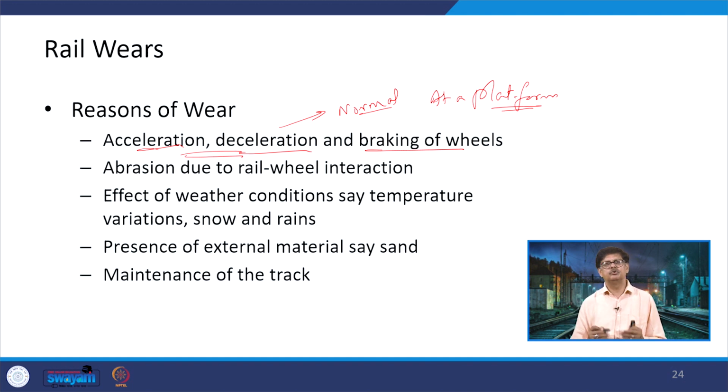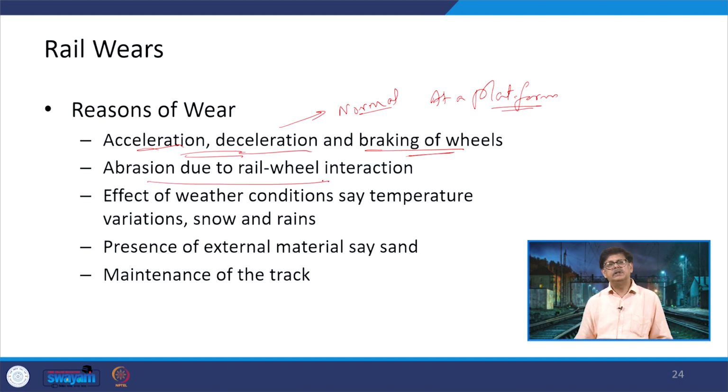Now, it is going to move back. So, there is a departure time, and it is going to accelerate. In all of these cases, the effect will come to the rail head, the top surface. Similarly, when the braking of wheels is applied at certain locations due to any of the reasons, then this is also going to impact the top surface only.